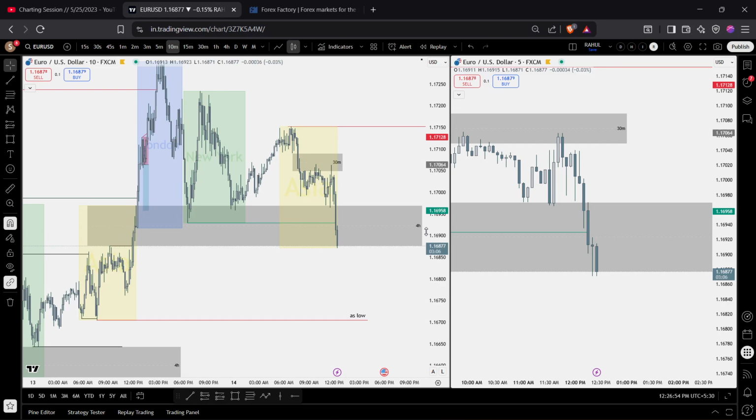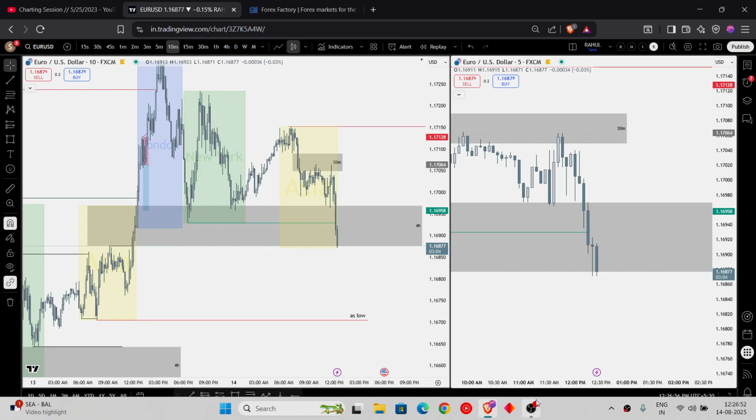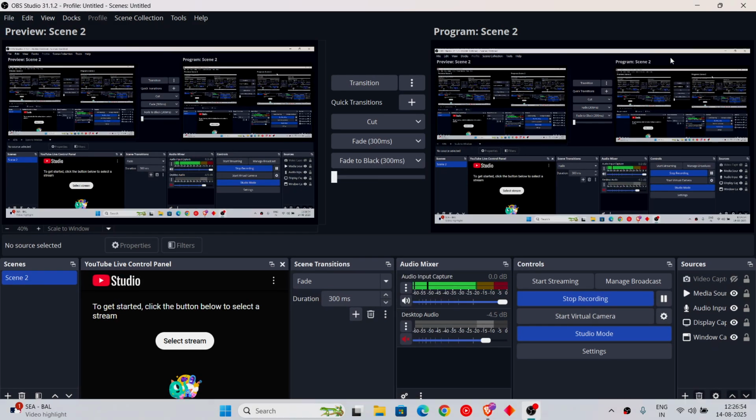Bias is definitely bearish as of now, but no confirmation for that.